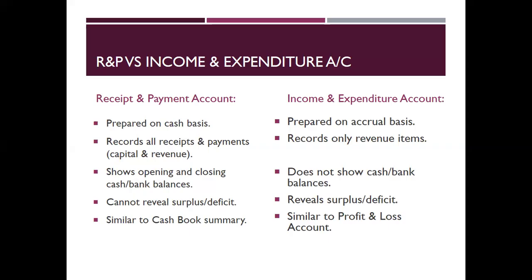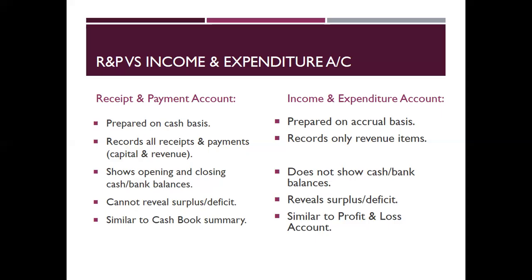Then for receipts and payment, I told us that what we start the year with is opening balances, either in cash or the one at the bank. That is what we'll be starting our receipt and payment with. But in the income and expenditure account, it doesn't work that way.